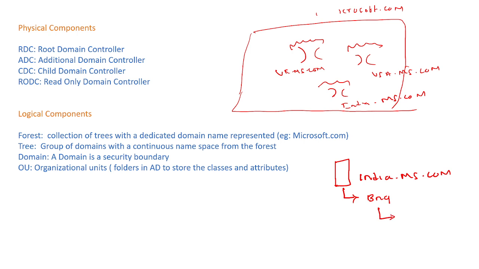Within Bangalore, you have multiple departments: IT, admin, sales. Correct? So these folder structures, all separate, we call an organizational unit. Why do we need organizational units? Because to store the information in a hierarchical manner.